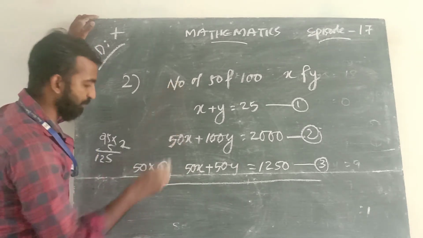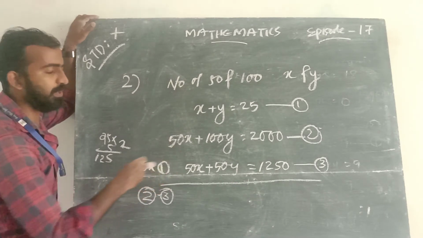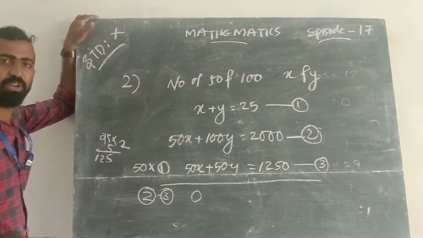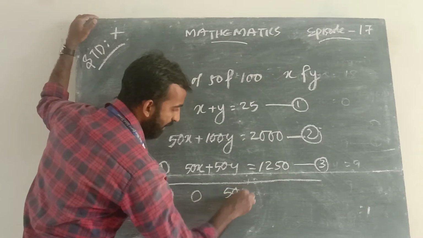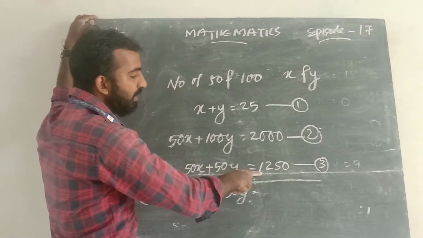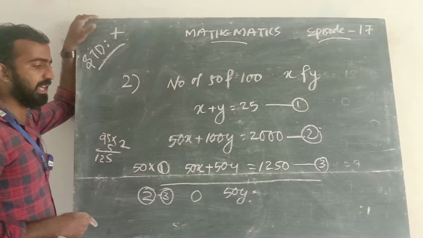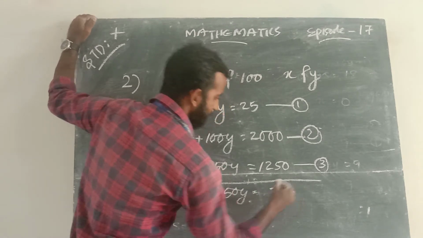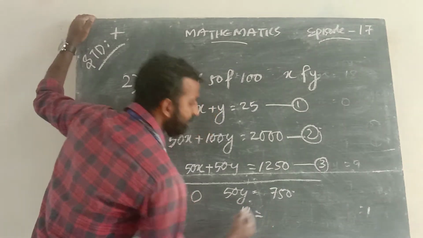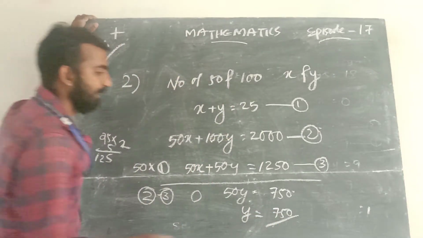When we take the difference of equation number 2 and 3, 50x minus 50x is 0, and 100y minus 50y is 50y. And 2000 minus 1250, we get 750.